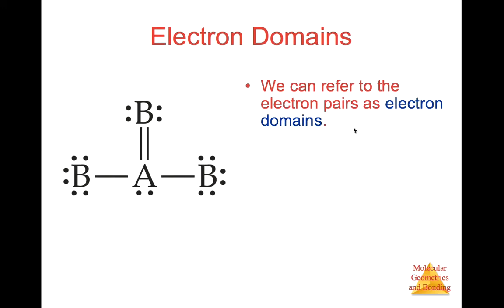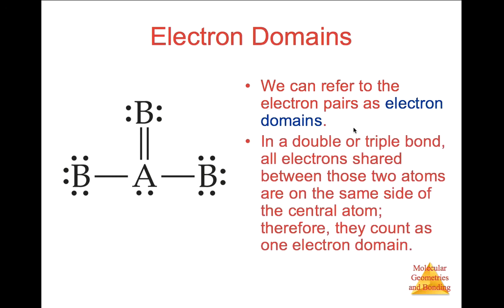We refer to the electron pairs as electron domains. In a double or a triple bond, all electrons shared between those two atoms are on the same side of the central atom, and therefore we count them as one electron domain. About this central atom, labeled A, there would be one electron domain right here, one electron domain right here, even though it's a double bond, remember we only count it as one, one electron domain right here, and then one electron domain right here.